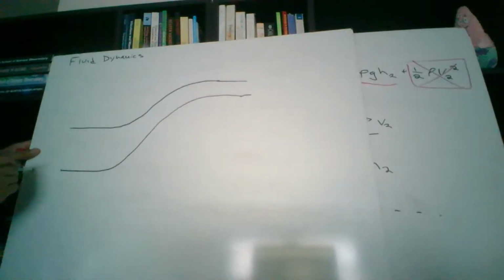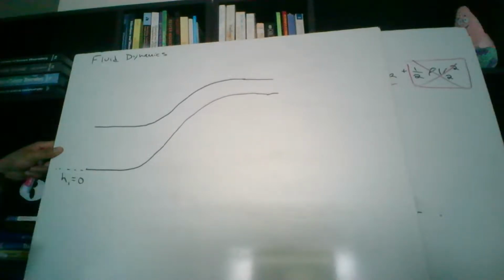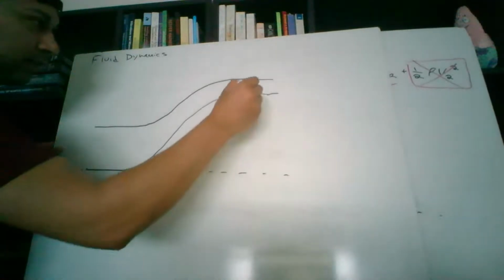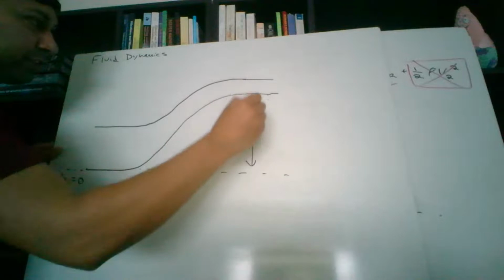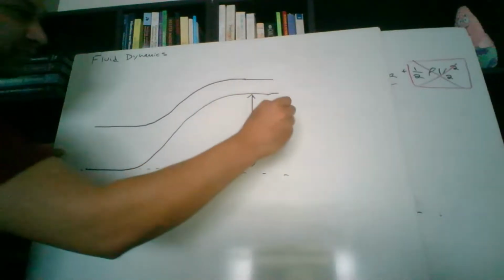And so here we have H1. At this height right here, H1 equals 0. And then we can keep going. And this will be H2. And H2 is going to equal 5 meters.